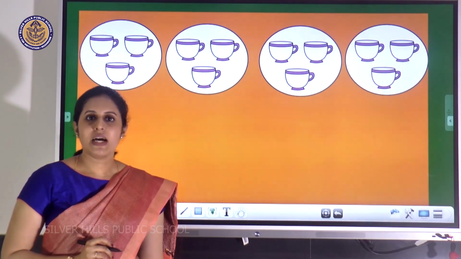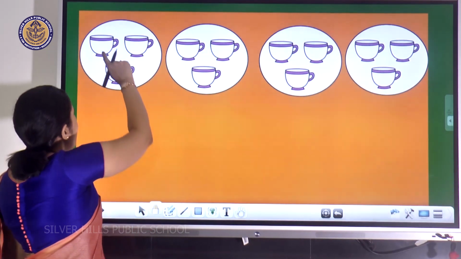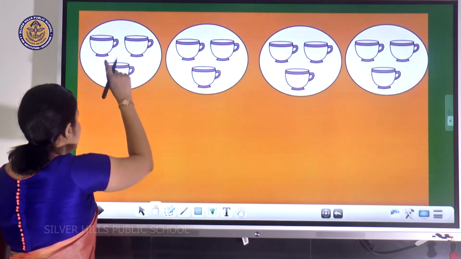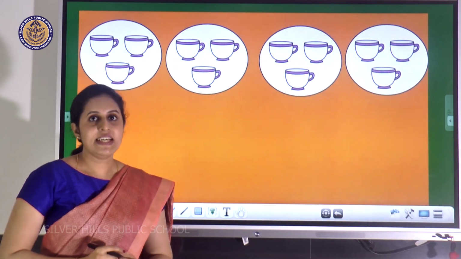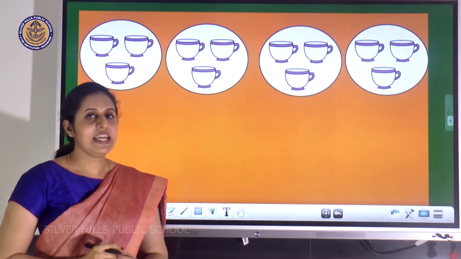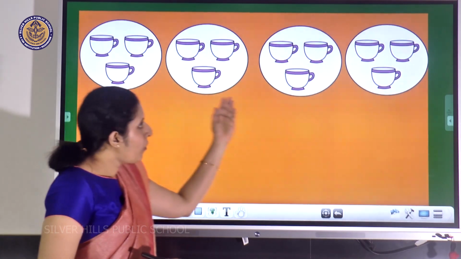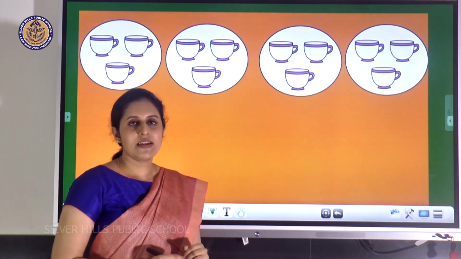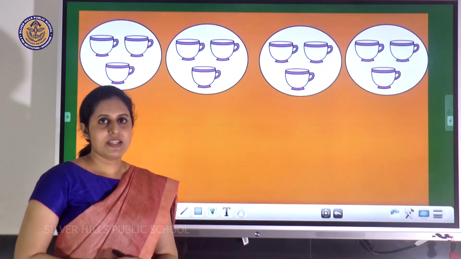How many teacups are there in each group? Let us see. 1, 2, 3. So, in the first group there are 3 teacups. How about in the second group? Same, 3 teacups. That means 4 equal groups. In each group there are 3 teacups.